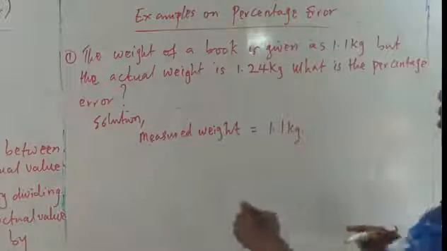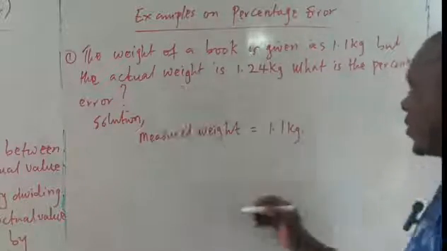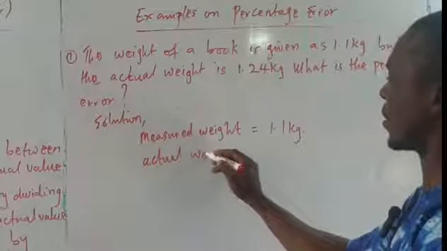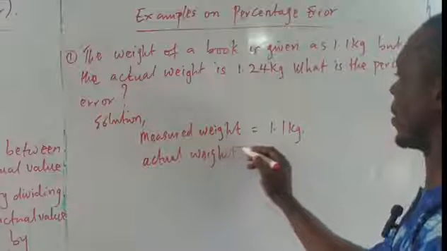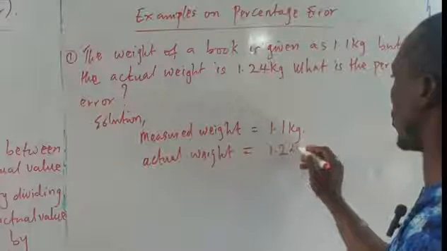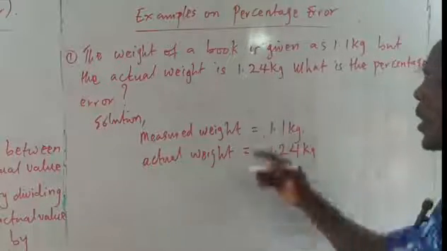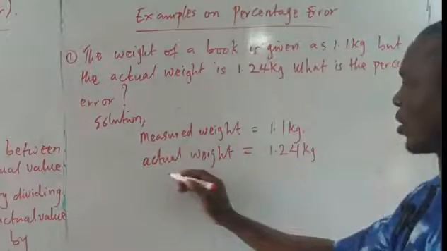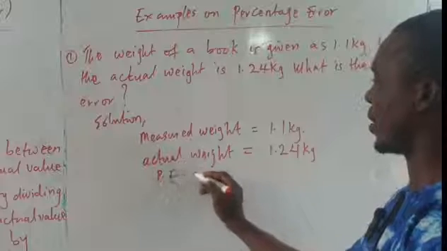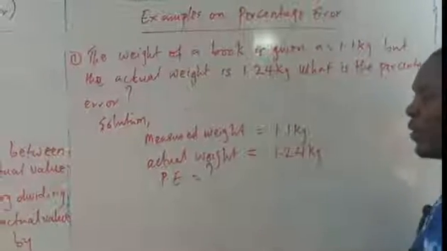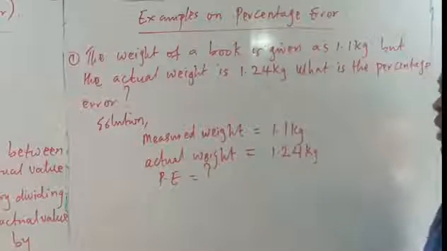But the question says the actual weight is 1.24 kg. Now we are looking for percentage error. So percentage error, PE, is unknown. Before solving for percentage error, we need to know our absolute error.